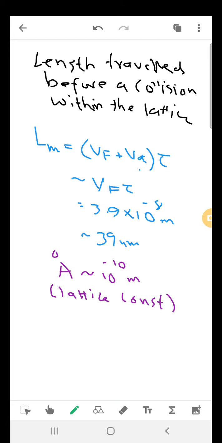So there are a lot of lattice constants, and compared to that it will actually cause no frequent collisions.